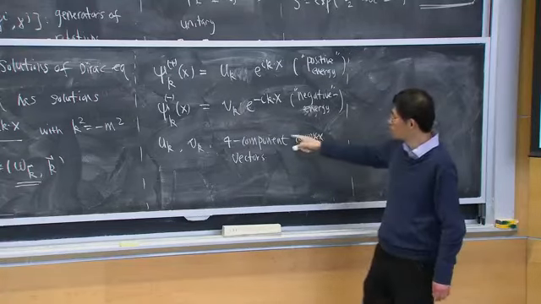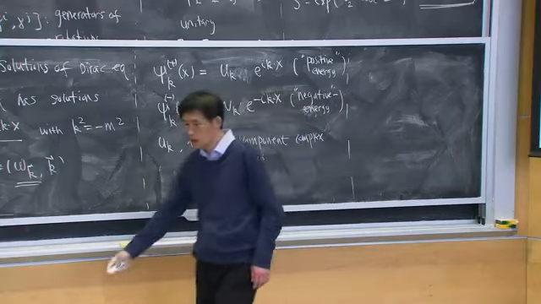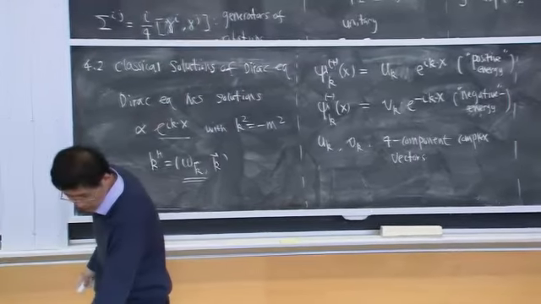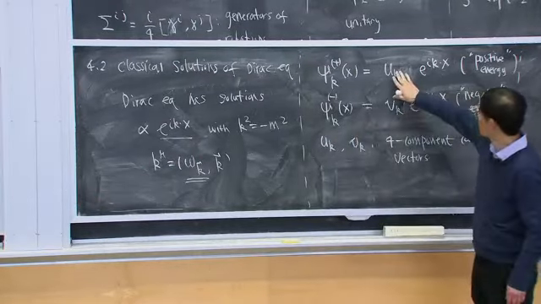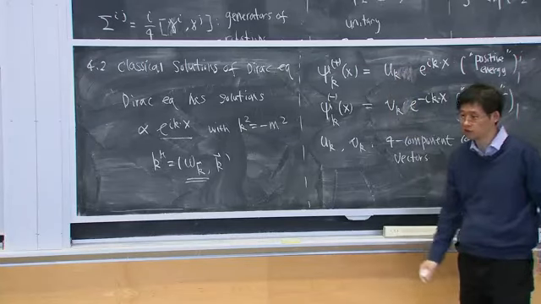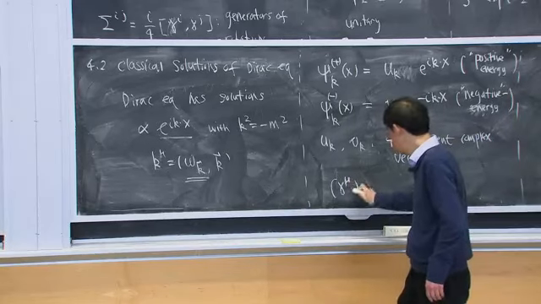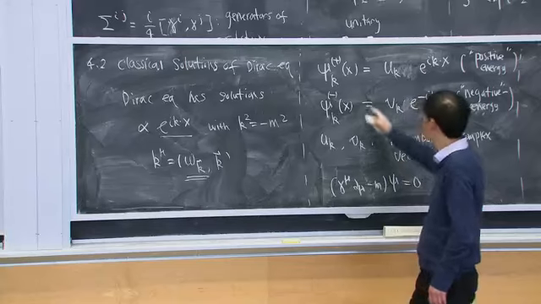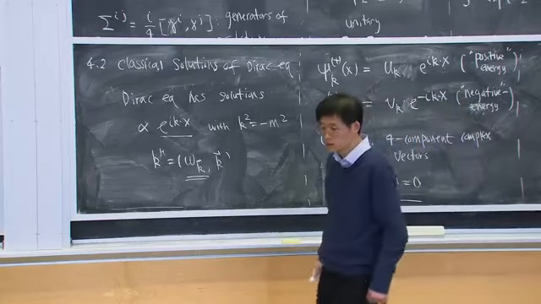Then you just plug them into the Dirac equation. Plug these 2 into the Dirac equation, and you get the equations for u_k and v_k. I will also suppress the k in u and v, just for notational simplicity. So when you have (gamma^mu partial_mu minus m) psi equal to 0, you plug psi plus and minus in, and you find the following equations.